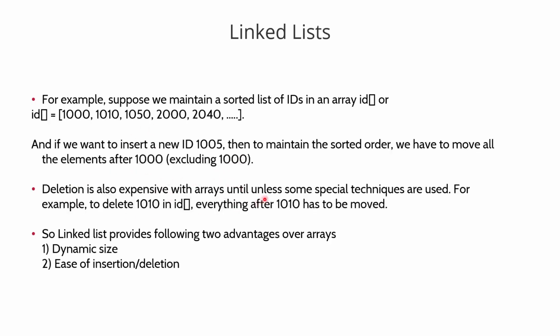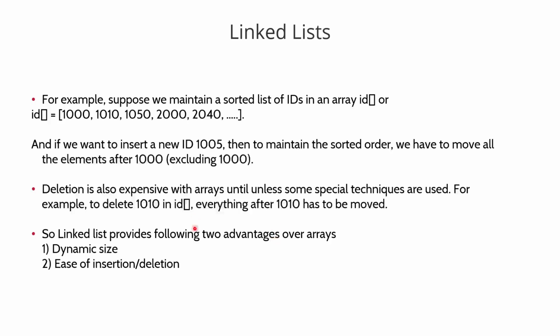Deletion is also expensive with arrays. For example, to delete 110, everything would then have to be moved again. So any kind of dynamic work with an array is an expensive process.